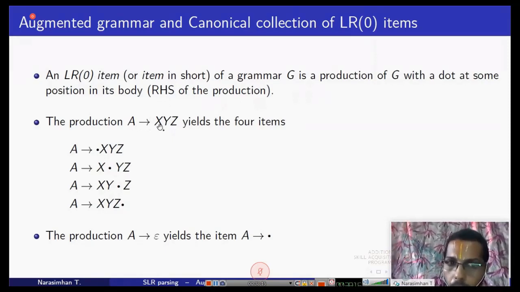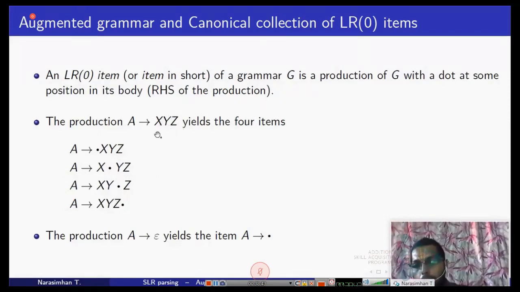One to the left of X, second between X and Y, third between Y and Z, fourth to the right of Z. So accordingly, you can have 4 items: A gives dot XYZ, A gives X dot YZ, A gives XY dot Z, and A gives XYZ dot.